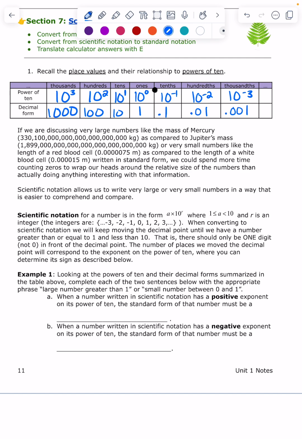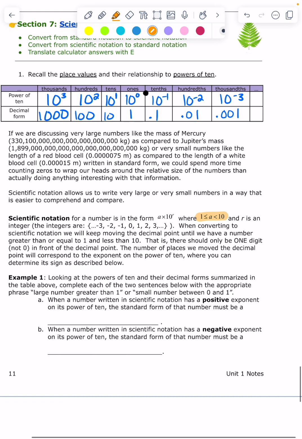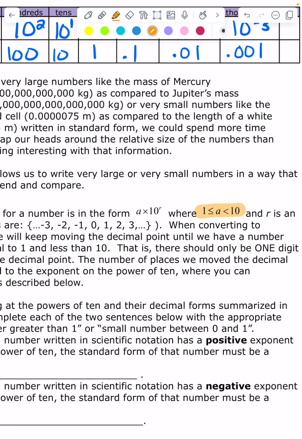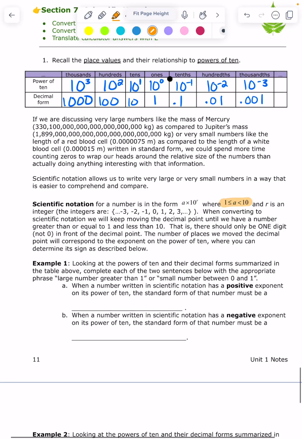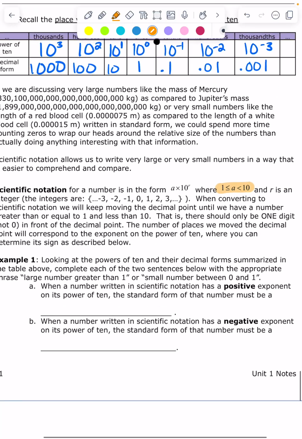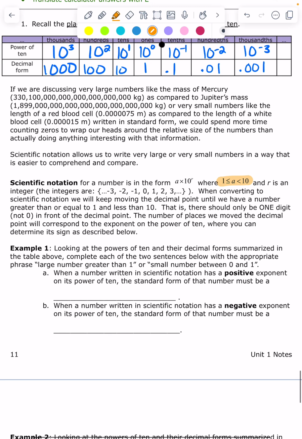This is inequality notation, which we haven't talked about yet, but this is saying A can be a number that's 1 or more, but it has to strictly be less than 10. And then you're going to multiply it by 10 to a power. We're going to do examples, so hang with me here. If you've never done scientific notation, this is going to be quite confusing at first.